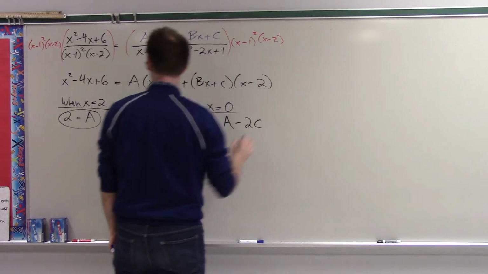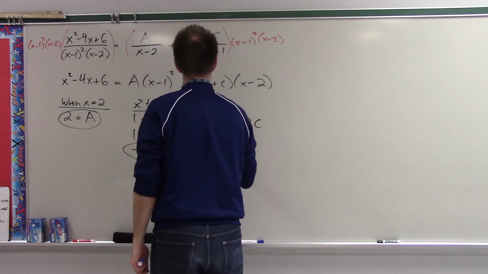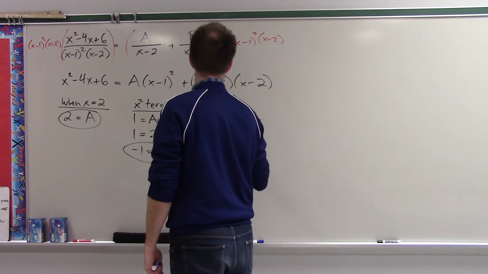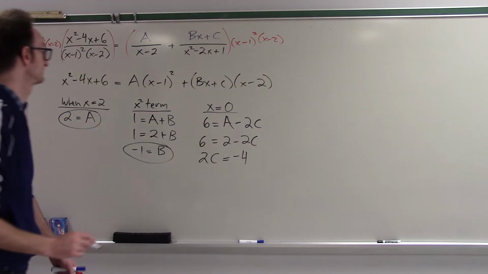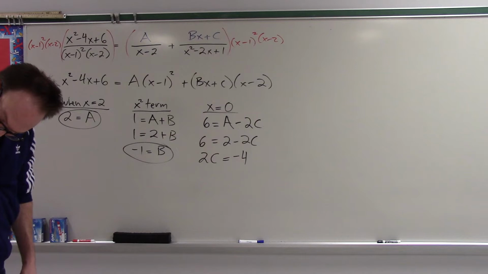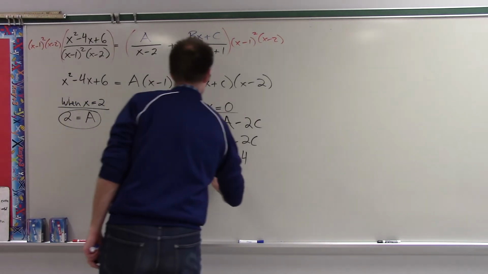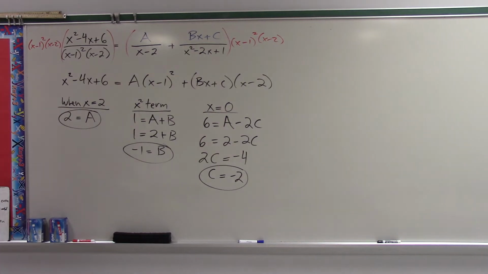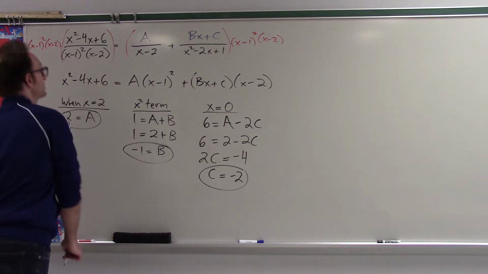So minus 2c. All right, we already said that a was 2. And so 2c must be negative 4, and so c is -2.